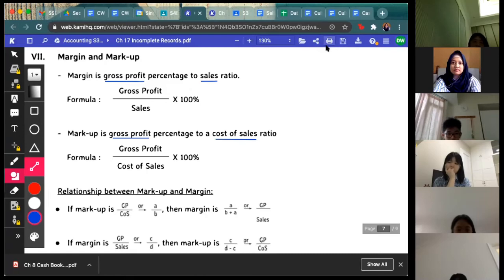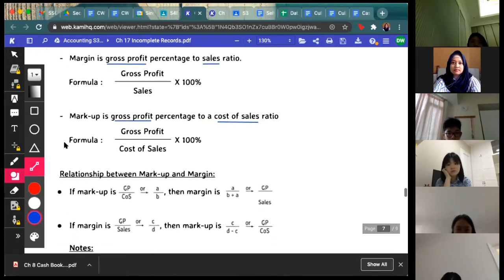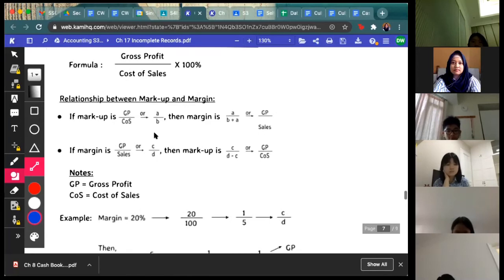Okay, actually margin and markup are connected. For example, in the relationship here, if I change the formula into letters like A, B, C, or D: if markup is GP over cost of sales, and I substitute GP with A and cost of sales with B, then if I want to find margin but I have markup, how?